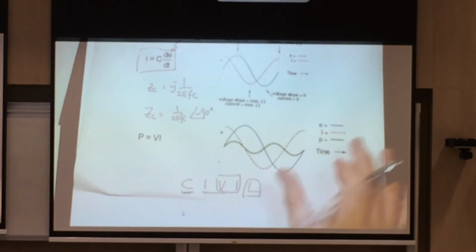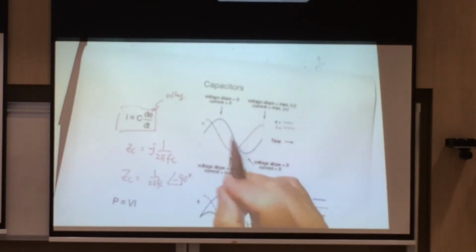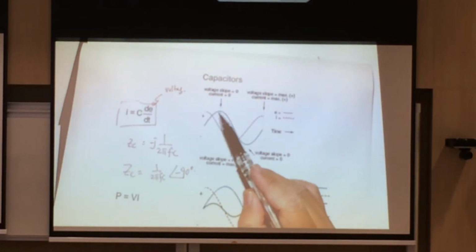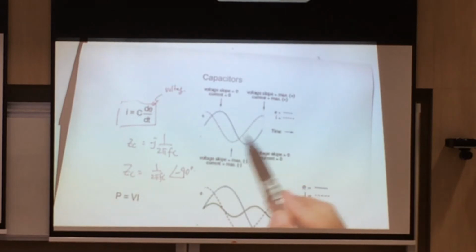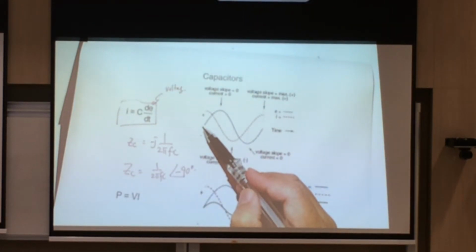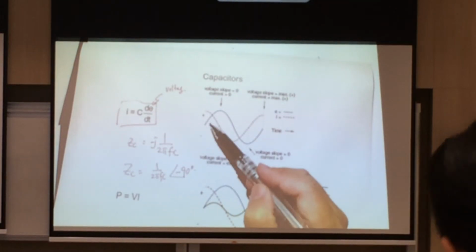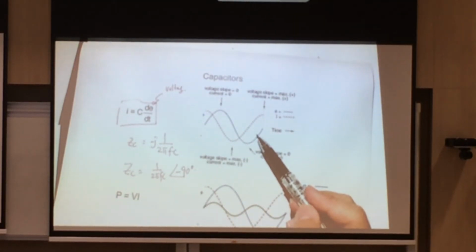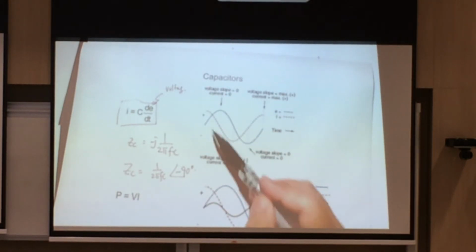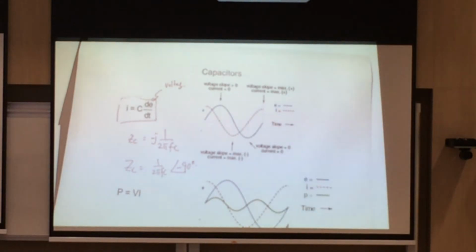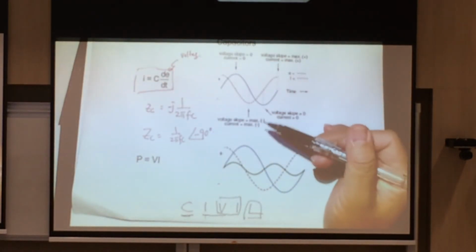Now, how do you get this? For example, let's say this is my voltage here. If I differentiate, the slope will be big here, right? Agree? This is, let's say, a sine wave. When I differentiate a sine wave, what do I get? Cosine, right? So you get a cosine wave. So that becomes your current. So that's how you plot it. And then, how do you get your power?